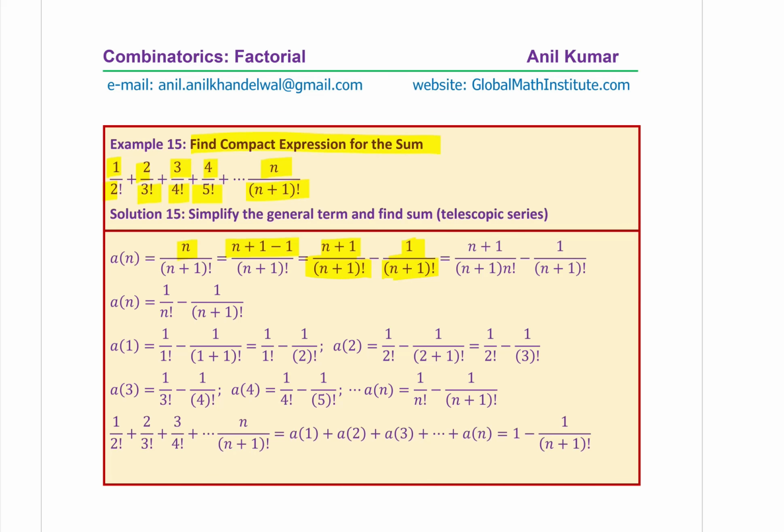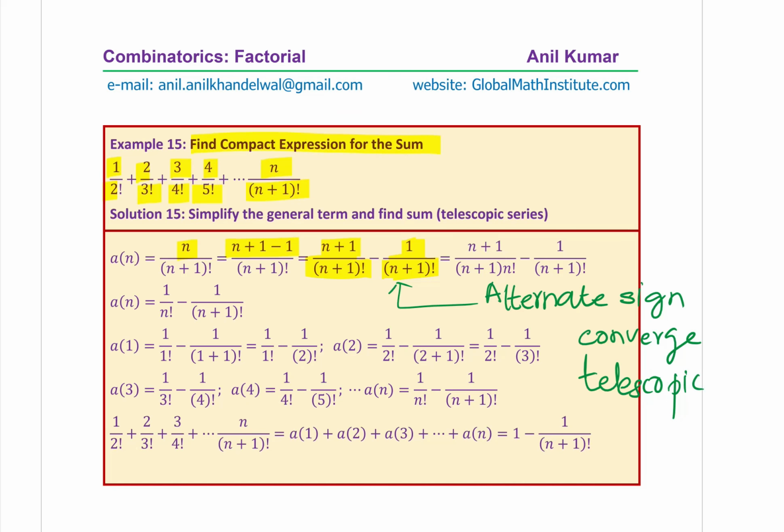So the idea over here is when you get this negative, that gives you alternating negative and positive numbers, right? So alternate sign. As soon as you get alternate sign, you can converge to a result, which is the telescopic approach. So you can adopt this telescopic approach to get your result. That's the whole idea. Perfect. And that is what we are going to do here.